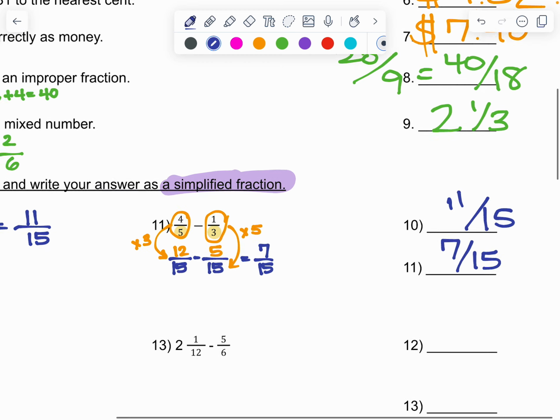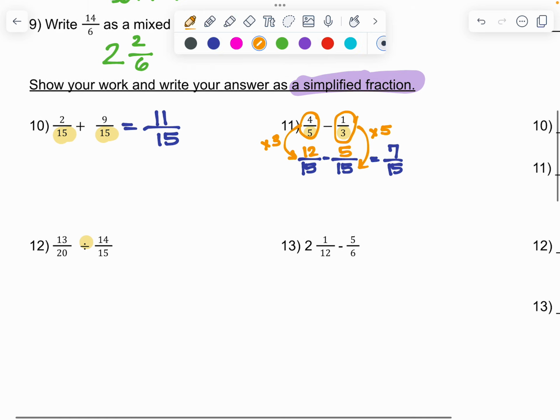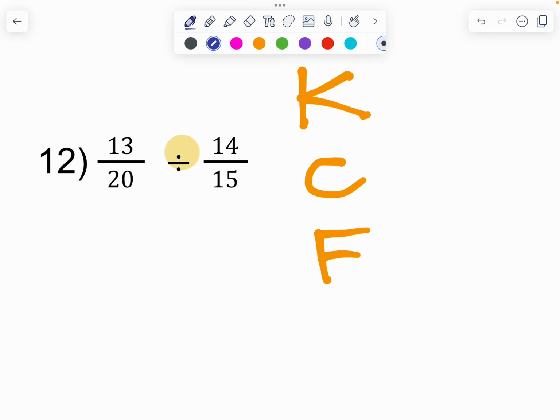All right, 2 more problems. We got this. All right, division. Watch out for division. Some of you practiced in elementary school. You guys did something called keep, change, flip. Does that look familiar? So we're going to keep the first fraction the same, which is 13/20. When they say change, they mean division.